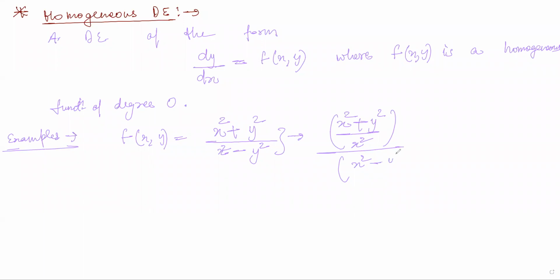X square minus y square divided by x square. Now see, I'm doing the same operation on both numerator and denominator, so I can definitely do that. This becomes 1 plus y square by x square, whole divided by 1 minus y square by x square.